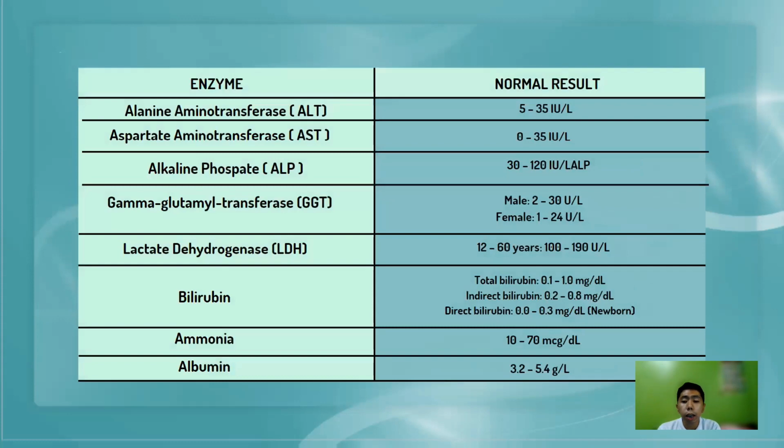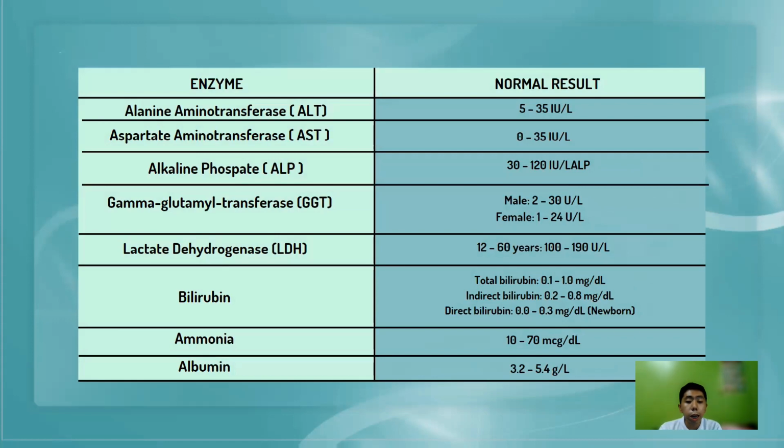For males, the normal result is 2 to 30 units per liter, and for females, 1 to 24 units per liter. And next, lactate dehydrogenase. For 12 to 60 years old, its normal result is 100 to 190 units per liter.